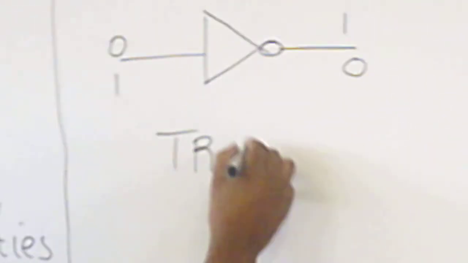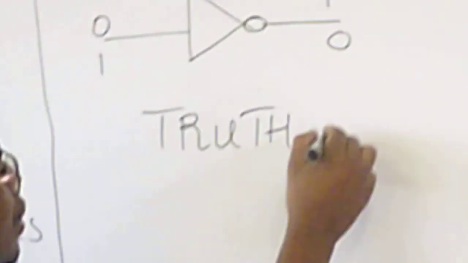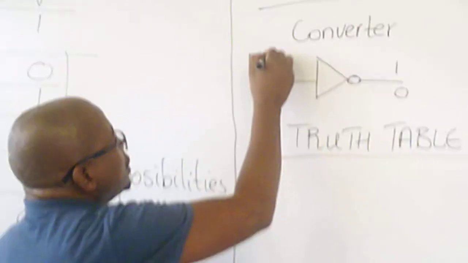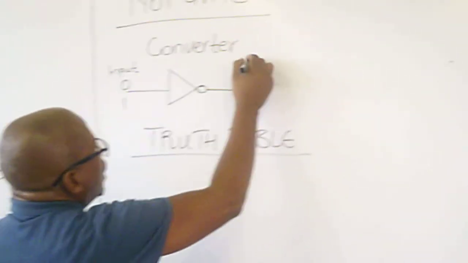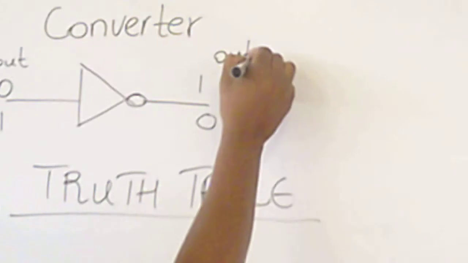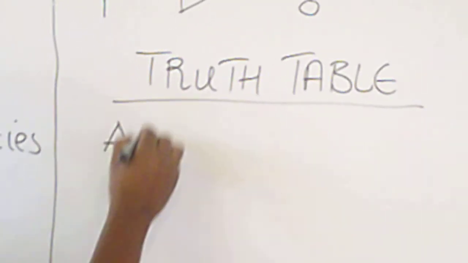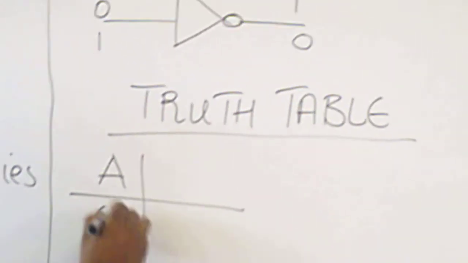So the truth table about a NOT is that you have only one input. This is the input, this is for output. You have A as the input, 0, 1.